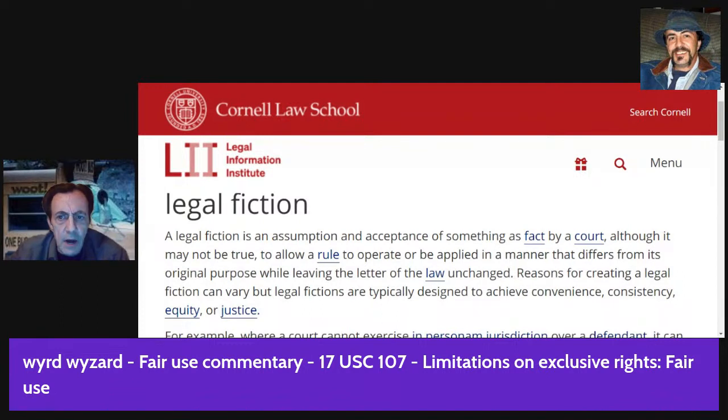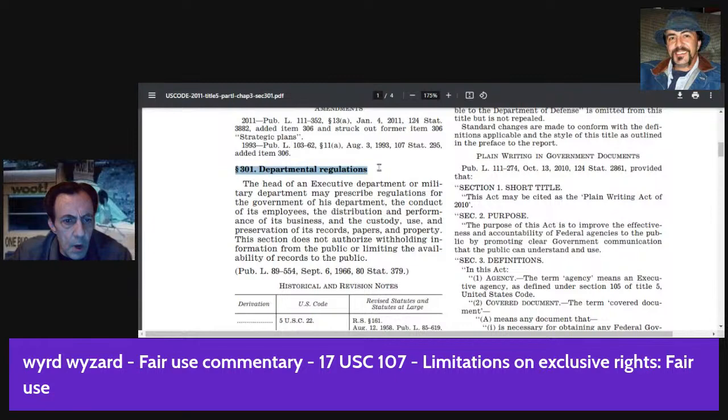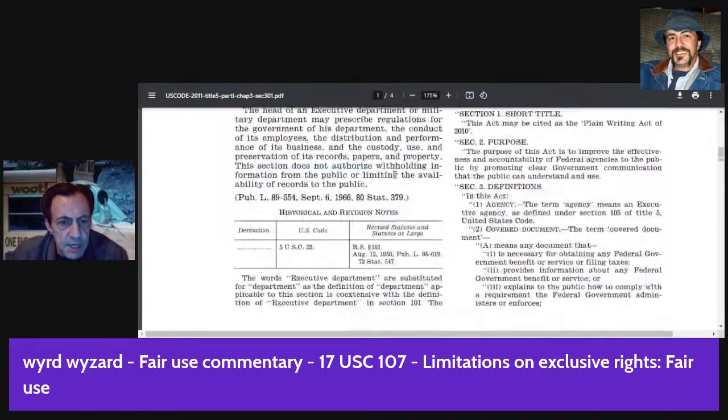If you go to the U.S. government site for 5 U.S.C. 301, get this blown up and go over here. Under 301 departmental regulations, you'll see it's got a bit more than just this top part here.